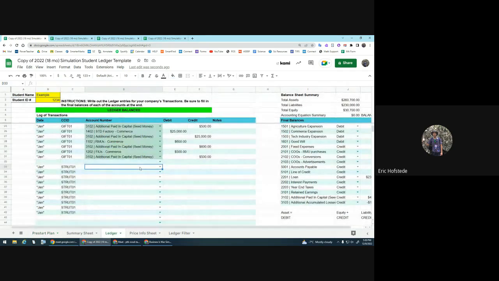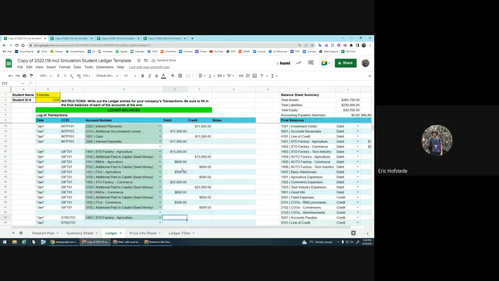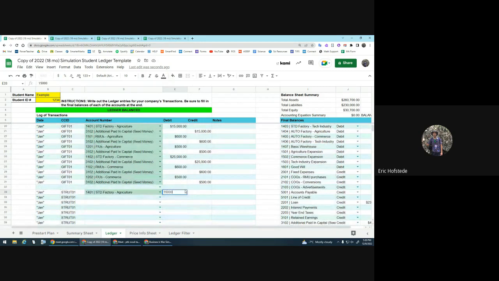So I'll start with my agriculture standard factory. I'm just getting 1 of them, and I already know that it costs 15,000 from before. But I'm going to balance it with cash instead of this gift. I'm paying for this out of the money that I got from my loan.